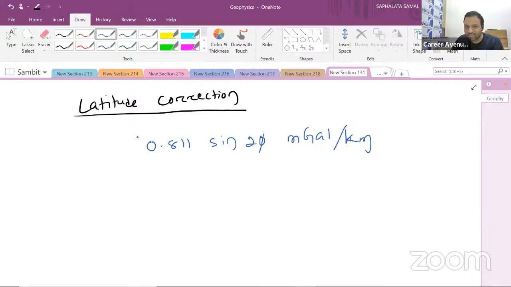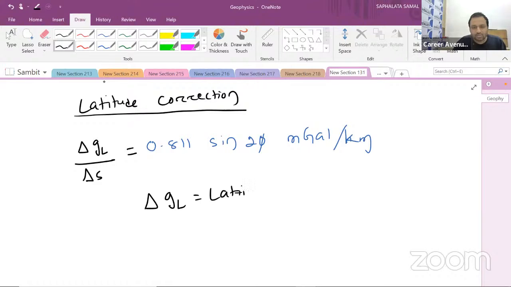With latitude my g value changes. So this is given as δGL/δS = 0.811 sin 2φ milligal per kilometer. What is δGL? This is equal to the latitude correction. What is δS? This is the north-south horizontal distance.